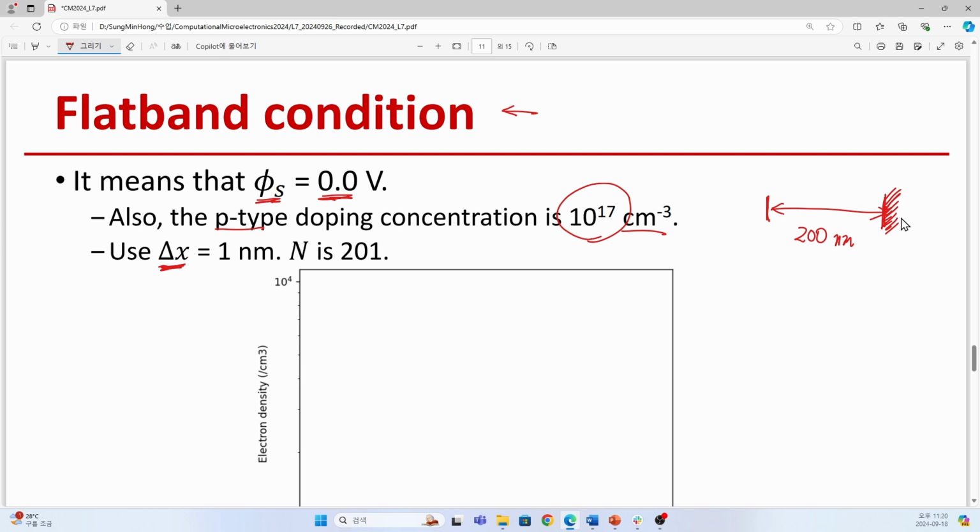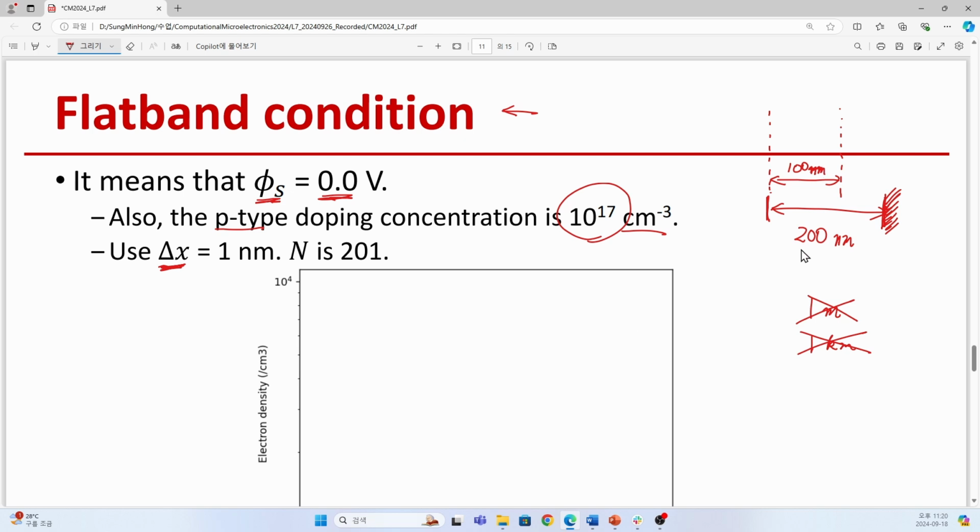So maybe you think, is 200 nanometer sufficiently thick or not? Why don't we make it, for example, 1 meter or 1 kilometer? It is simply because we cannot afford it, and we don't have to, because all kinds of meaningful physical behavior will occur within 100 nanometer or slightly longer.